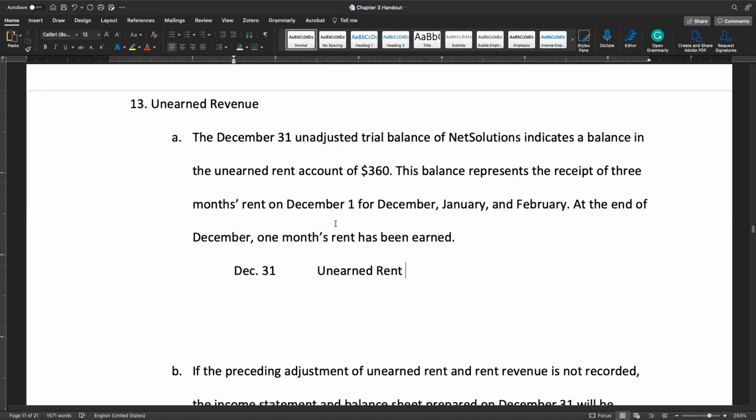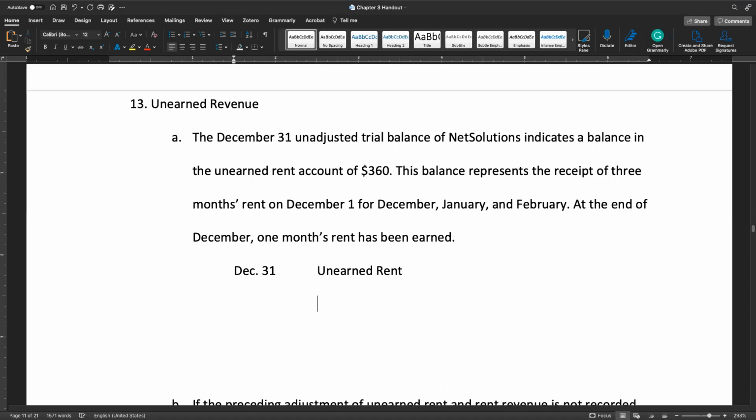And we'll come back and get the amount in a second. And because we want to show that now we've earned this money, we're going to credit our revenue account. So here would be rent revenue. If it was just for a product, or a service, it would be fees earned that we would put there.